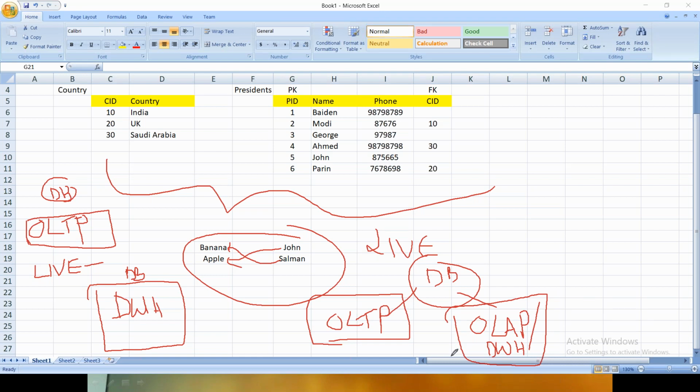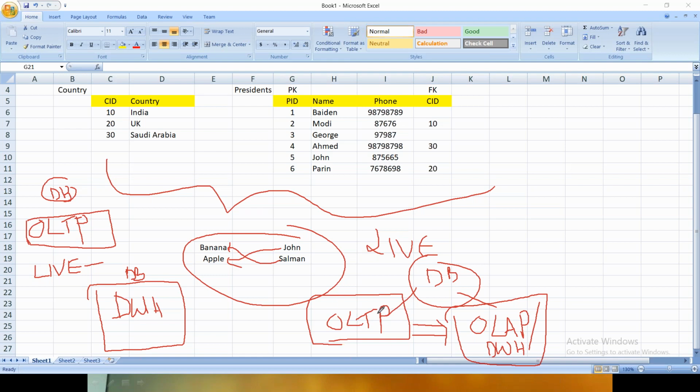We are now talking about OLTP databases. Live data only we are going to be storing and retrieving. So after some time, at the next elections, what happens? The Biden data, Biden may not be there after 5 years. After 5 years, what do we do? This data will get exported to the OLAP database, and the new data will come.